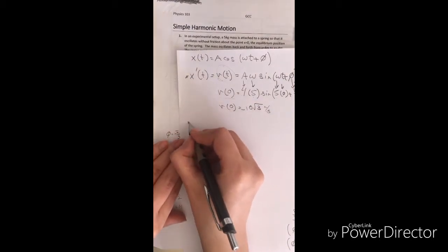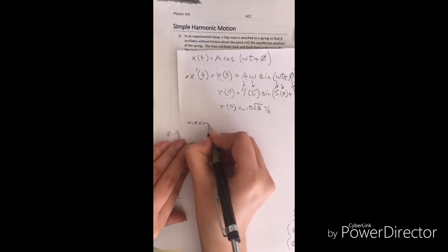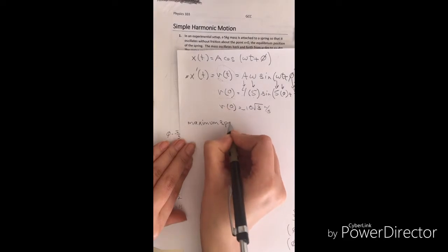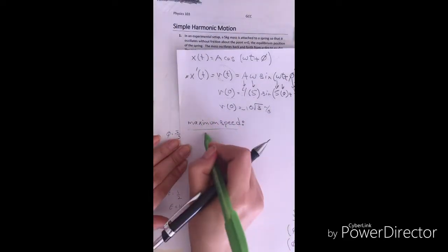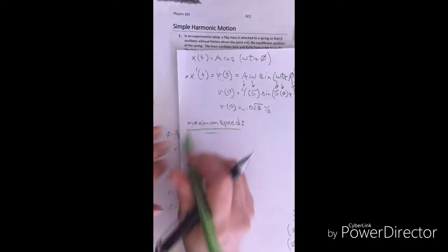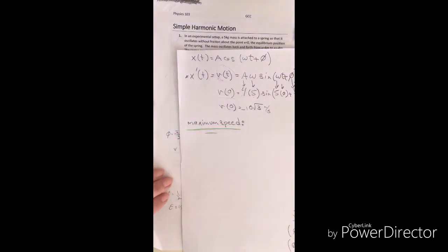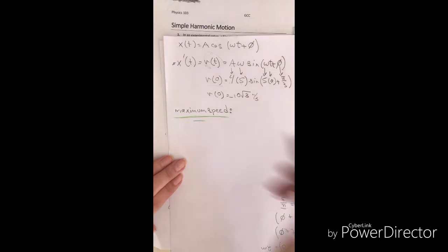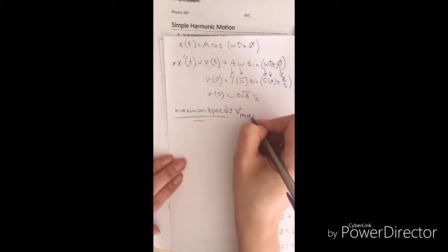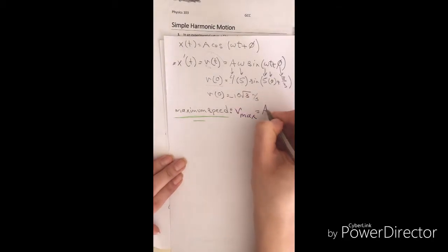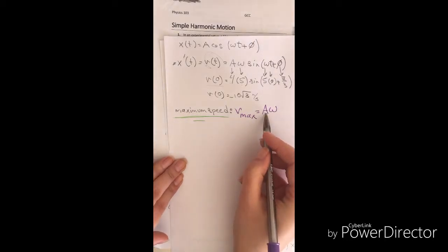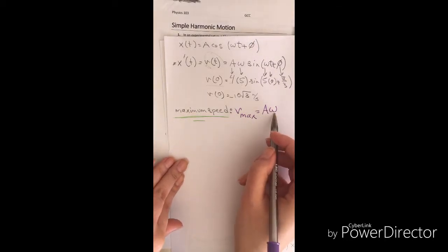The maximum speed, Vmax, is A omega. It's amplitude times the angular frequency.